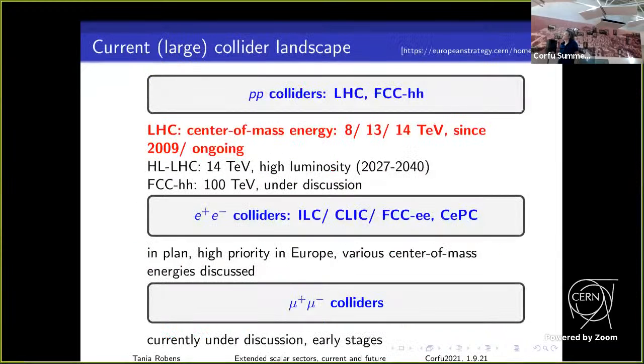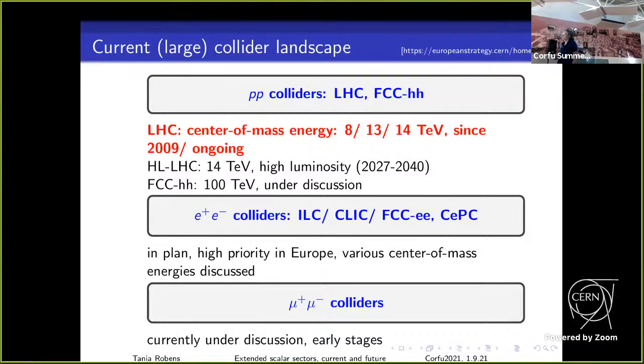The collider landscape, I think I can also go very quickly over this because you're all aware of these various options. Currently we have the LHC running, and as a future option, which has already been approved, the high luminosity LHC. I write now 14 TeV. I hope this will happen. Then a future possible option is FCC-hh, which is under discussion. Then we have e+ e- colliders.